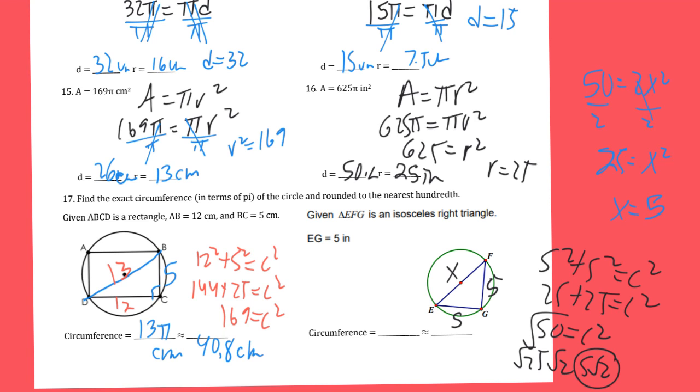And so that means that that's the diameter, the length across there. So you do that times pi. So it'd be 5 pi square root of 2. That's inches. And then if you put 5 pi times the square root of 2 in your calculator, you're going to get an answer of about 22.2, and that would be in inches.